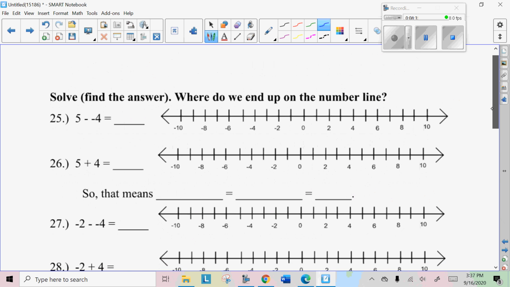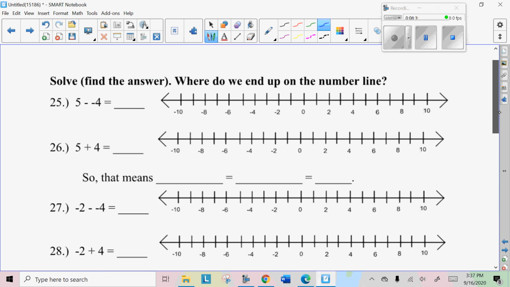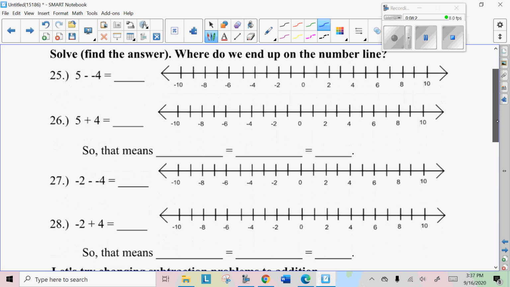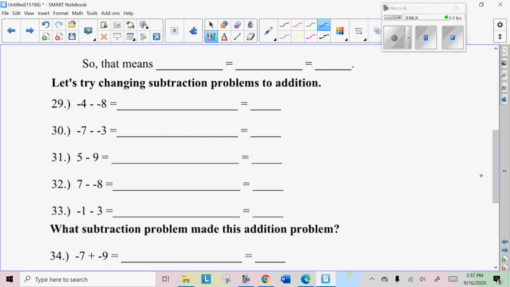All right. I think you can do those on your own, but let's try changing these subtraction problems to addition. See what we're doing there. So -4 minus -8.